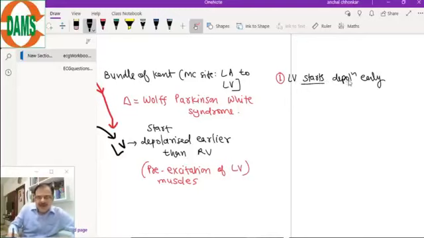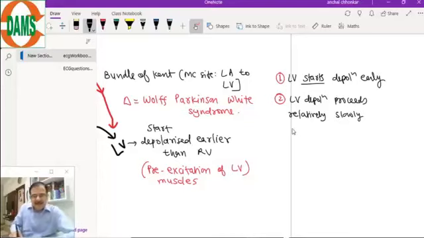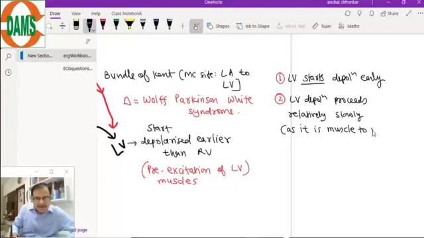So left ventricle starts depolarization early in WPW syndrome, but this is a muscle to muscle depolarization. So now left ventricle depolarization proceeds relatively slowly. Reason, as it is muscle to muscle depolarization.